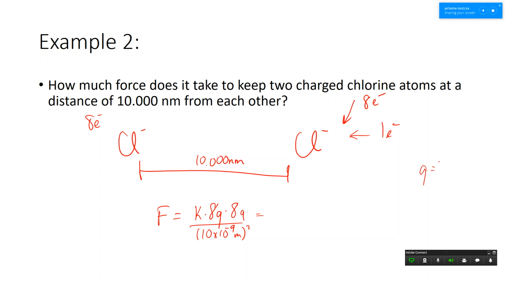Q is going to be equal to 1.6 times 10 to the negative 19. Someone punch this in for me.